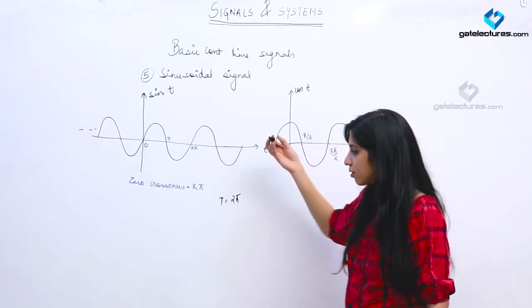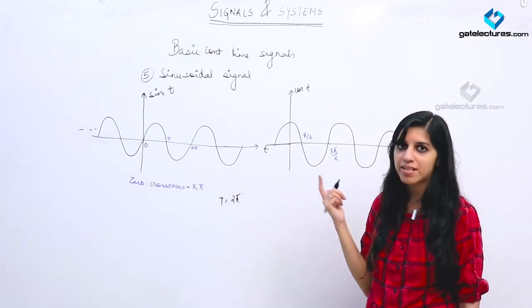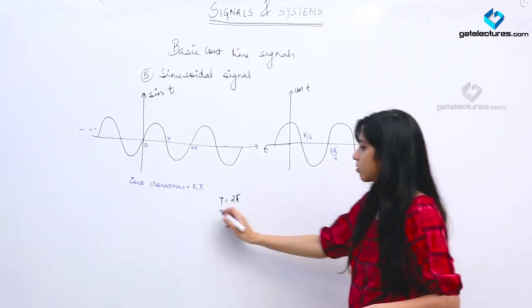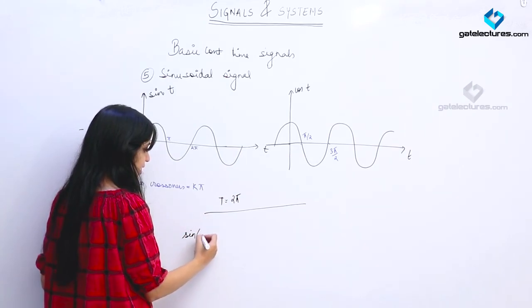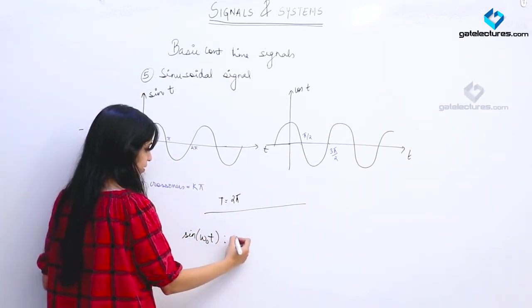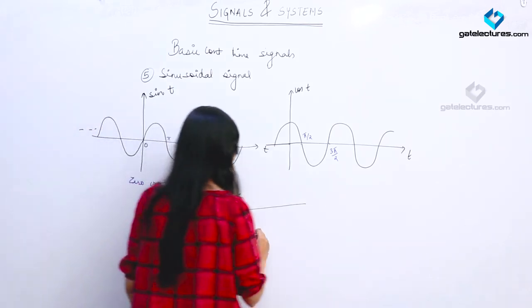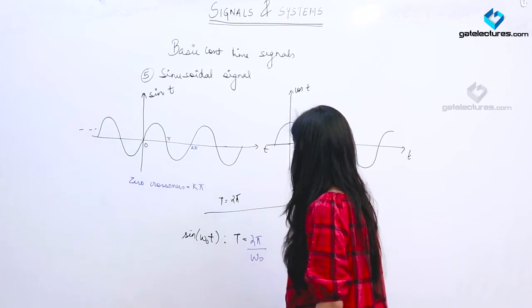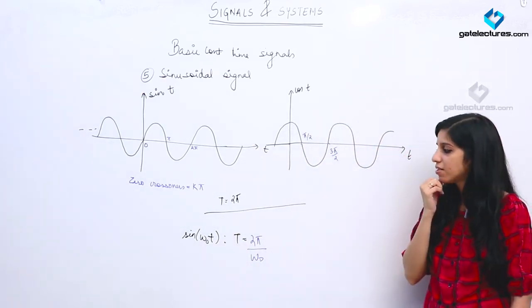Suppose I had expressed the argument as sine of omega naught t, then the time period would be 2 pi by omega naught. This is how you find the time period for these signals.